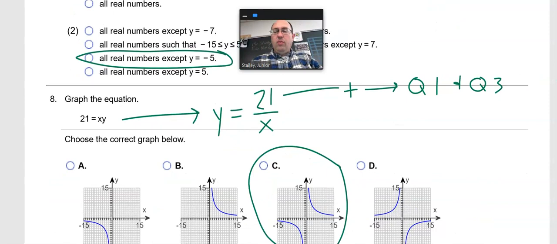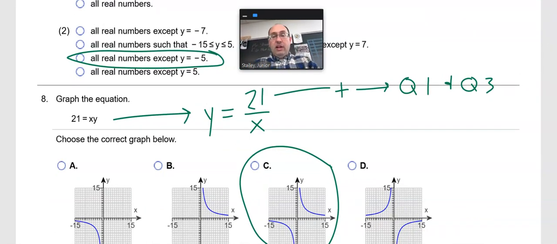On question 21, we start getting into, they give me an equation, and they ask me, okay, graph it. Well, it's not in the form that I recognize, so change it by solving for y. When you do that, you get 21 over x. All you're doing is dividing by x.